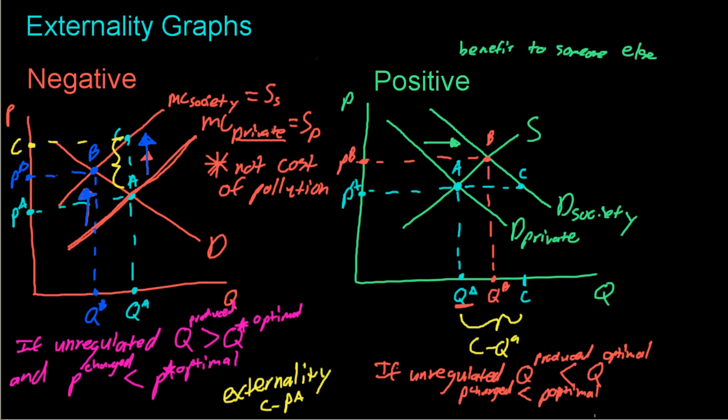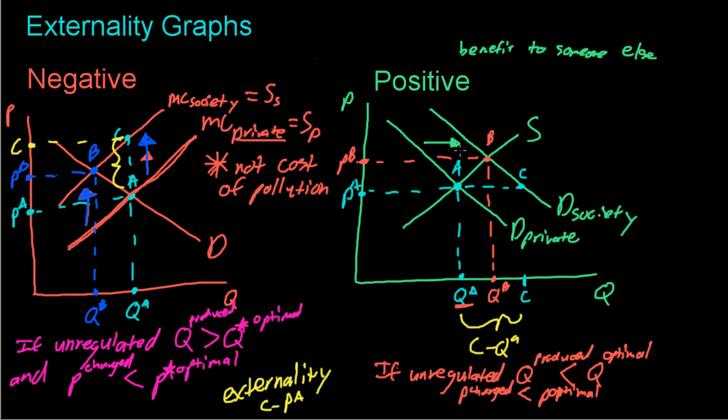So the last thing that I want to reiterate is that negative externality is shown by a decrease in supply, because the company has to bear the costs, basically, or the firm or the producers, depending on what kind of graph we're drawing, if this is a market or a firm diagram. So whatever it is, the cost leads to a decrease in supply, whereas with a positive externality, the benefit leads to an increase in demand.